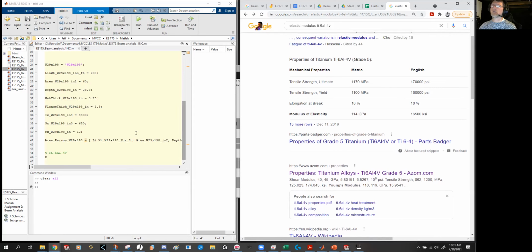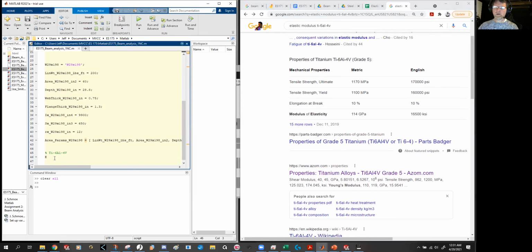So E of Ti-6Al-4V in psi equals 16,500, so that's 16,500,000 psi. Okay, great. Next, yield strength.